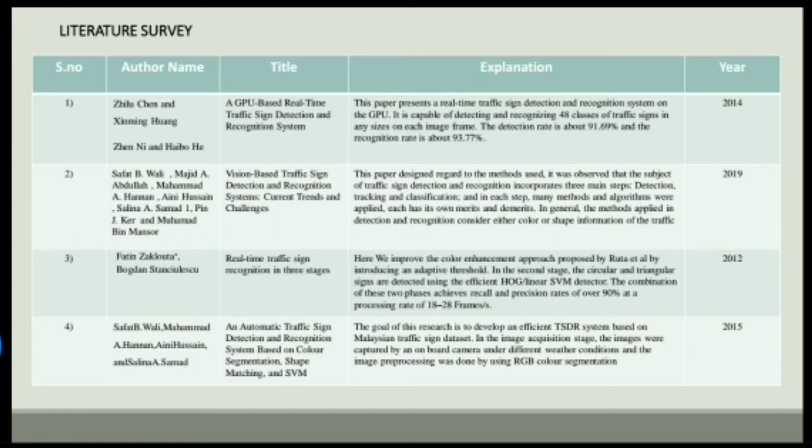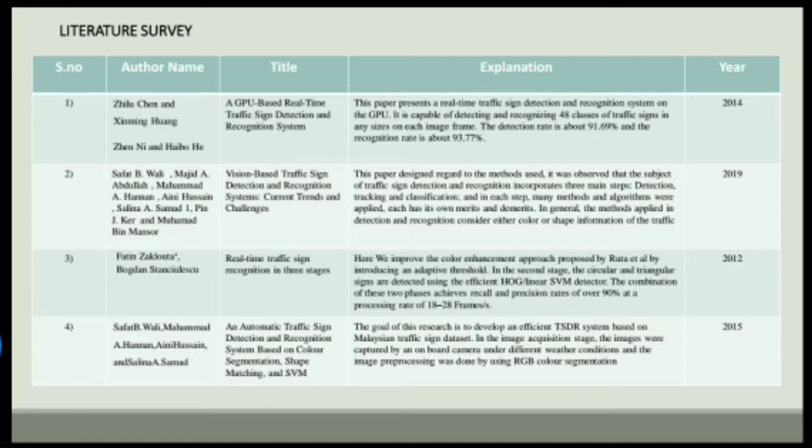The next paper is a real-time traffic sign recognition system in 3 stages. Apart from discussing the stages, it emphasizes color enhancement, the need for it, and other image processing techniques. And lastly, an automatic sign detection and recognition system based on color segmentation, shape matching, and SVM.